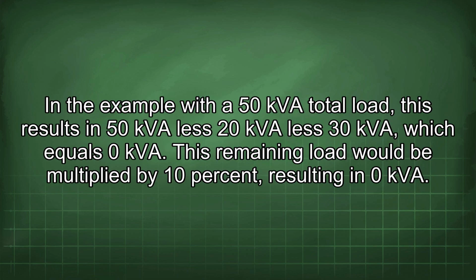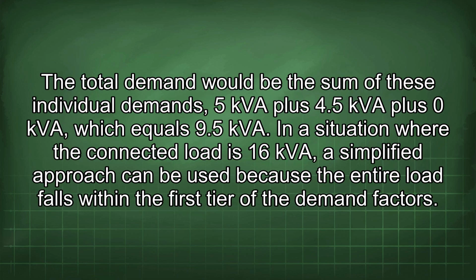In the example with a 50 kVA total load, this is 50 kVA less 20 kVA less 30 kVA, which equals 0 kVA. This remaining load would be multiplied by 10%, resulting in 0 kVA.